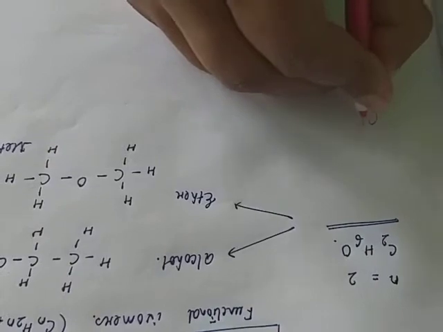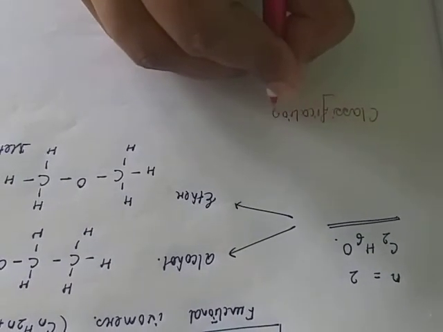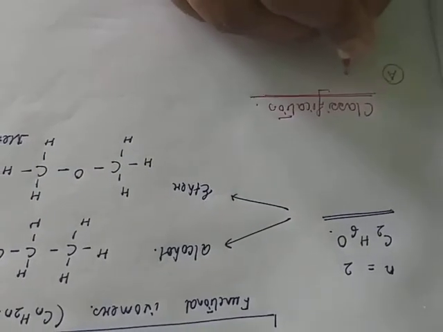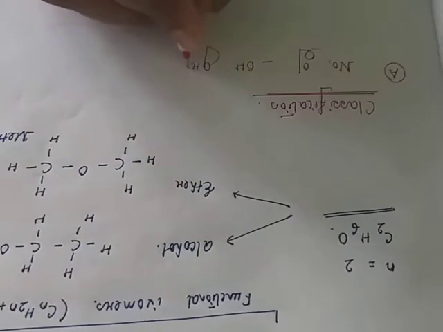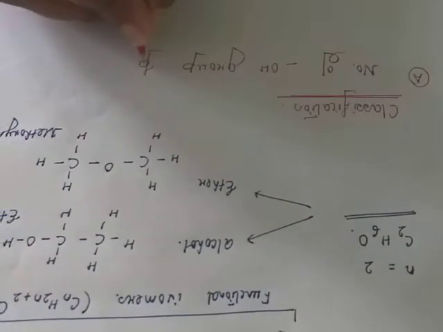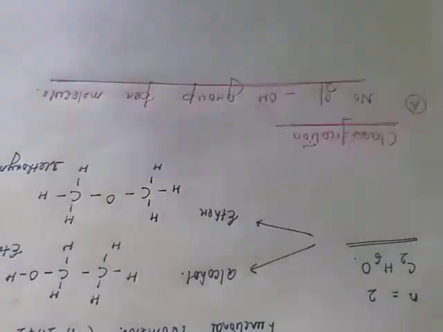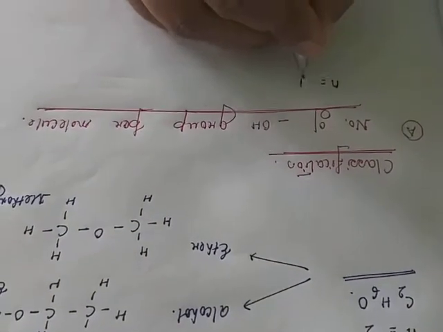Now we'll come to the classification of alcohol. The first basis of classification of alcohol is based on the number of OH groups or hydroxyl groups per molecule. If only one OH group is present, it is known as monohydric alcohol.